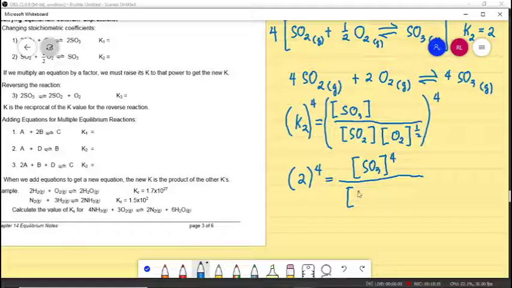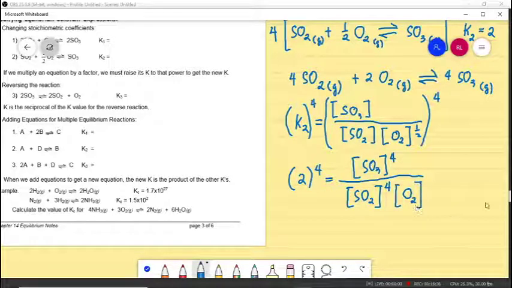Then this is concentration of sulfur dioxide raised to the power of 4, which is consistent with the numerical coefficient here. And then you have concentration of oxygen gas, 4 times 1/2 is 2. So raised to the power of 2.